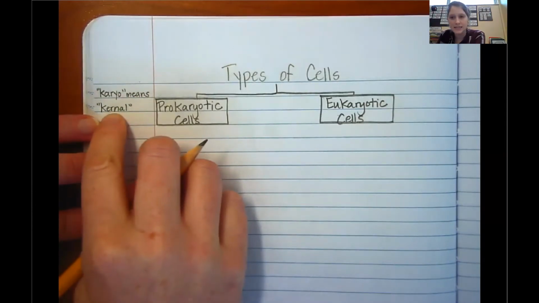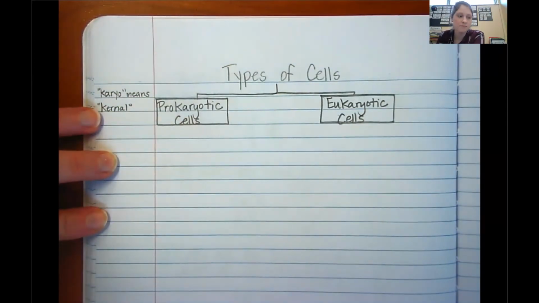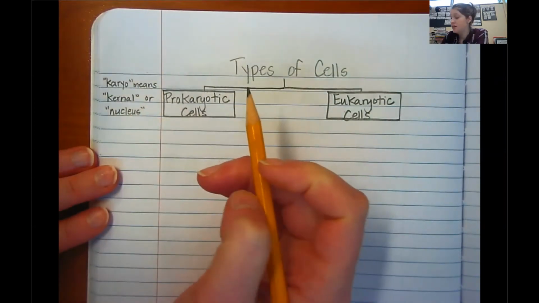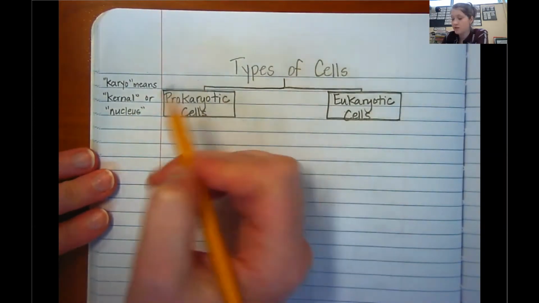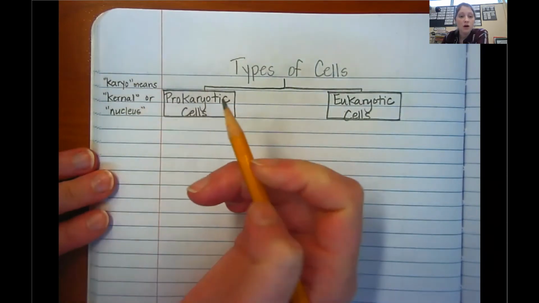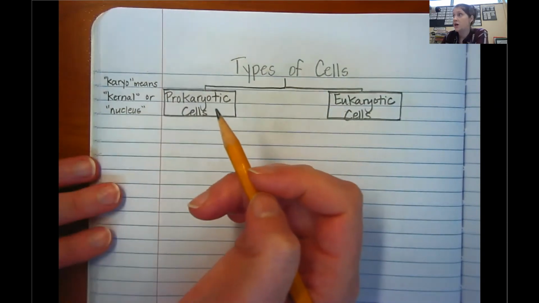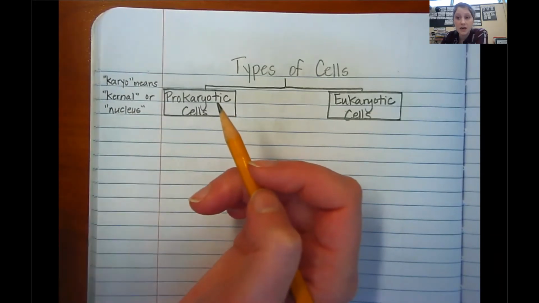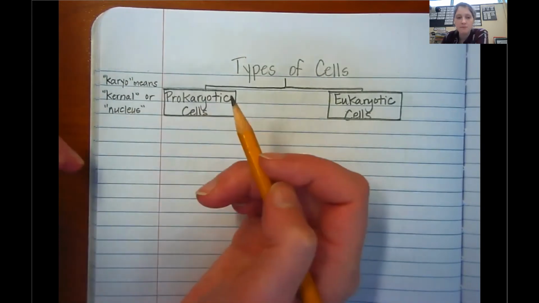Kernel as in like central or nucleus. If you've been around science world long enough, you've probably heard the term nucleus before. A nucleus of a cell is where the instructions for the cell come from. It's basically where the DNA is held. It tells the cell what kind of cell to be.